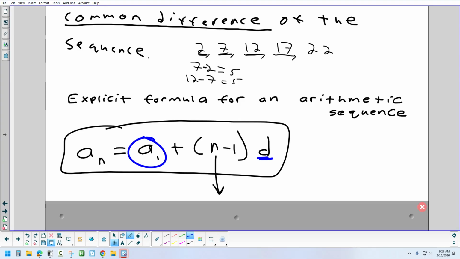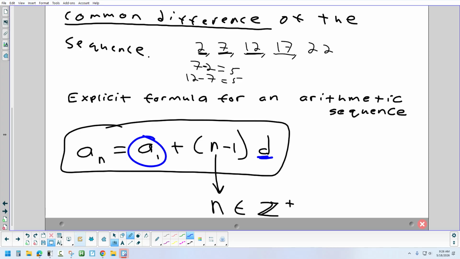You're trying to get to the 80th term, add it 79 times plus the first term, and that'll give you the nth term. Okay, so this formula takes all the guesswork out of trying to say, well, okay, maybe I times by 3 and then I add 6, or maybe I times by 4 and add 5. You don't have to guess when it's an arithmetic sequence. Find the first term, find the common difference, and then fill them in.